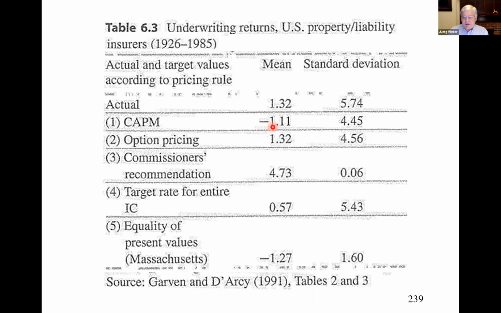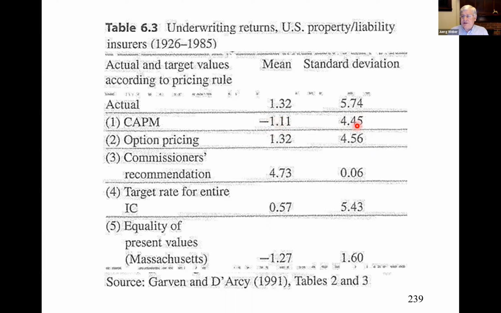So it actually predicts a negative return. That's because underwriting is a good hedge for the insurance company for its assets. So it's even willing to work with a negative underwriting return. It does not abandon the underwriting business because the underwriting business serves as a hedge.